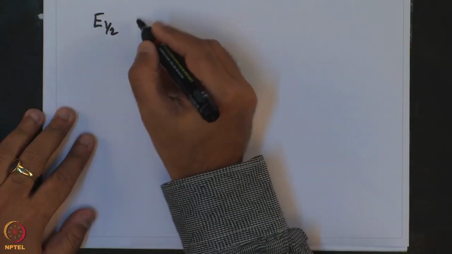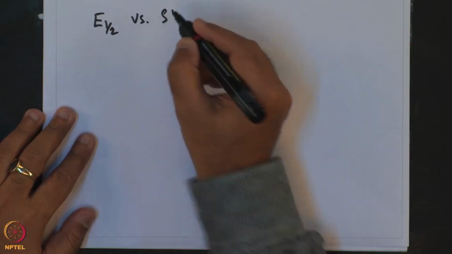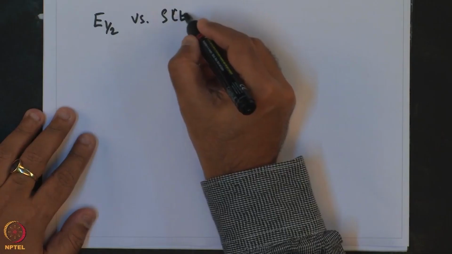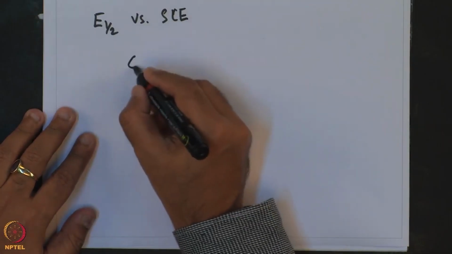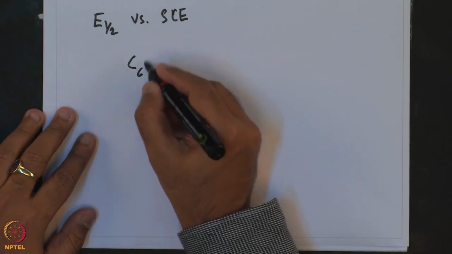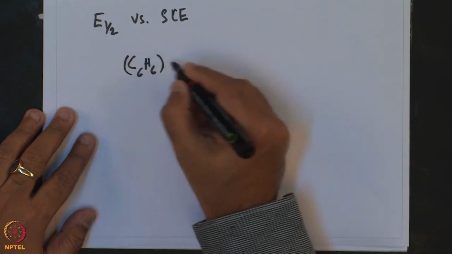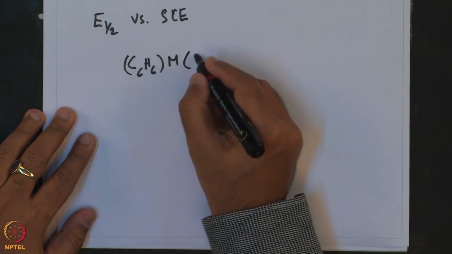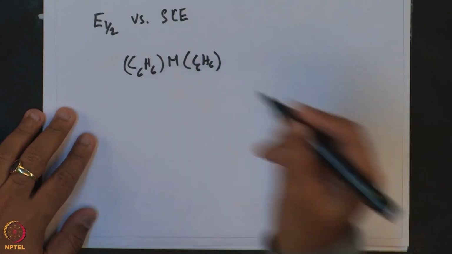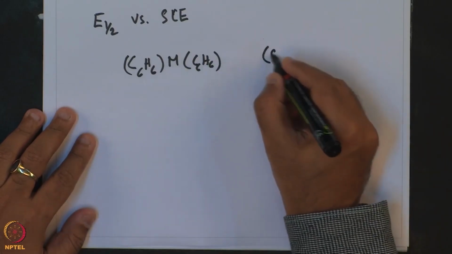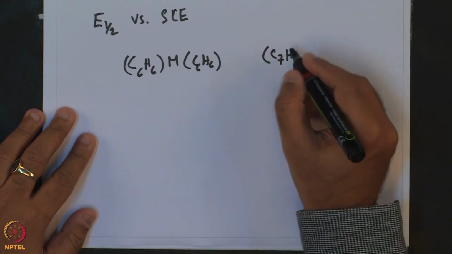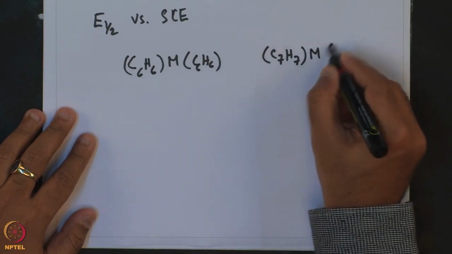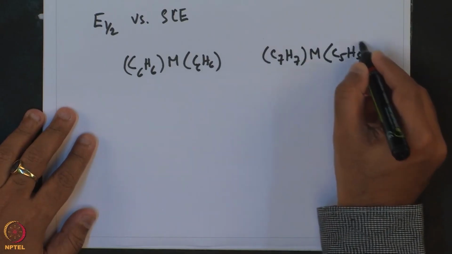So, for example, the E half values versus the standard calomel electrode, SCE, for different complexes of the type C6H6 M C6H6 as opposed to C7H7 M C5H5.